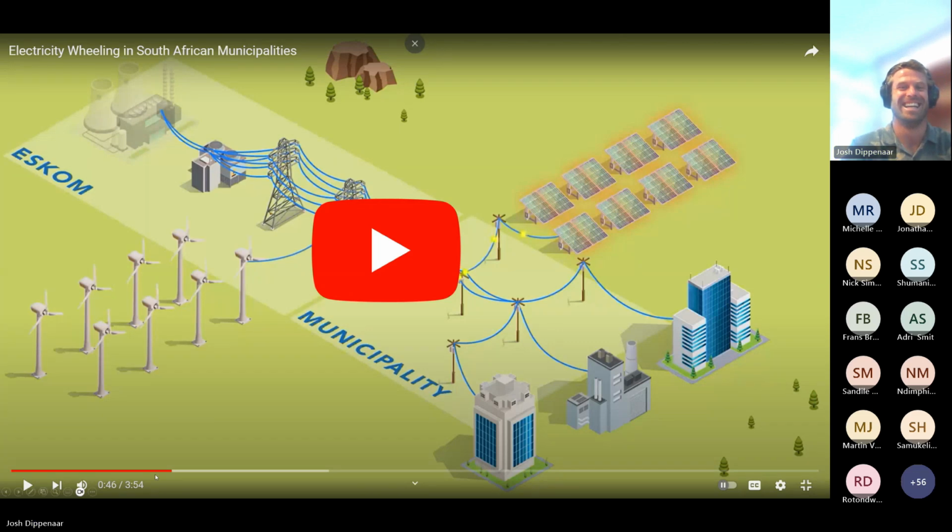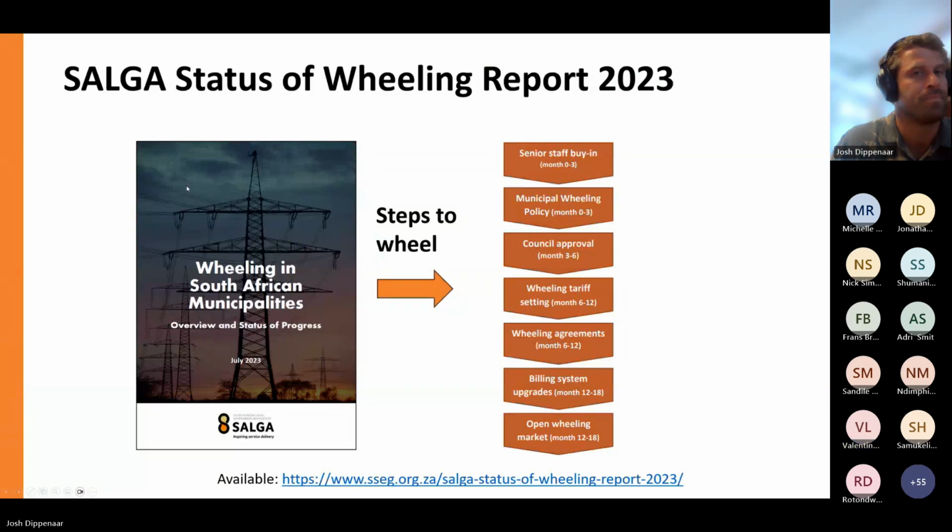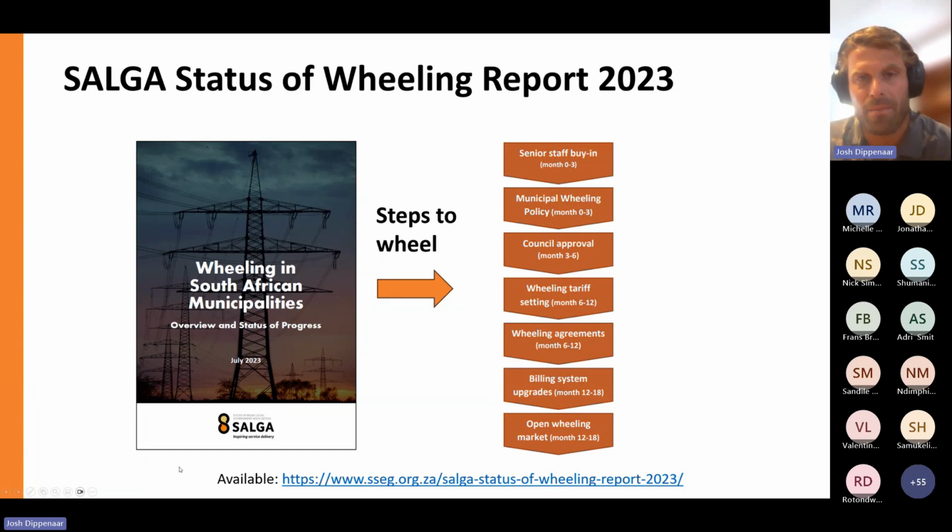No, George, I just wanted to ask about the wheeling steps. Are those steps supposed to be in the order that you are presenting, or can they be applied in any order? Yeah, this is just an order from experience from a couple of municipalities who've done it. But no, you can definitely apply it in any order. I think most likely the wheeling tariff setting can come quite early.